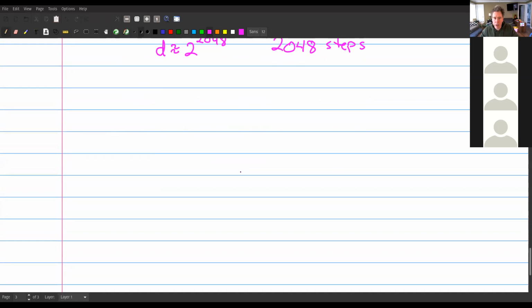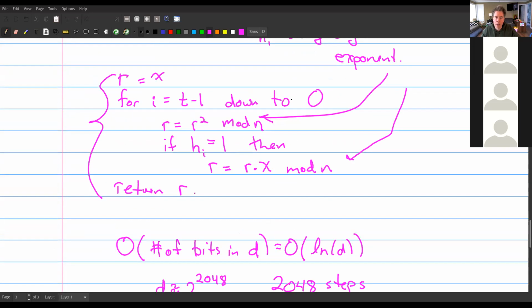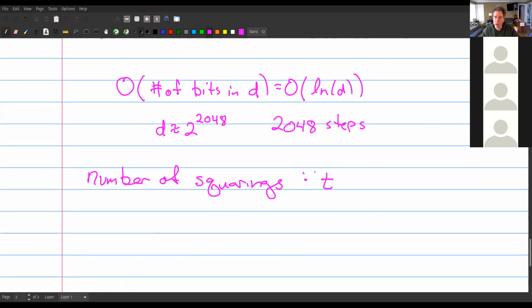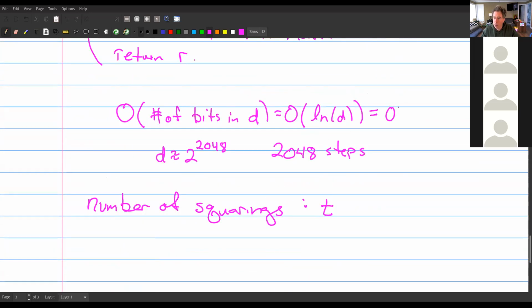So one thing we should notice here is the number of squarings that we do is about t. Here t is the number of bits in the exponent, so this is the running time.